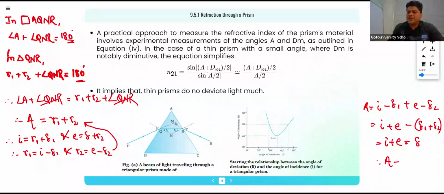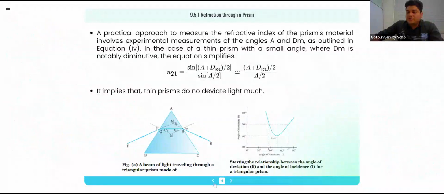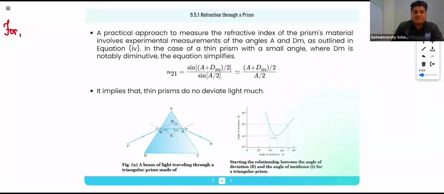So therefore, A plus delta will be equal to I plus E. Always remember this equation: A plus delta is equal to I plus E. Now, if I want to find the minimum deviation, for minimum deviation, I will write delta is equal to delta minimum when I is equal to E.